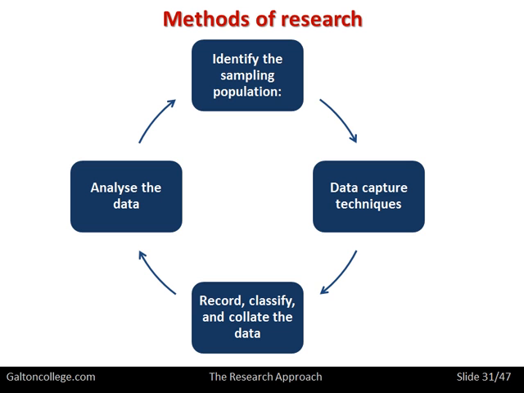So there seems to be a suggestion in the diagram we've got in front of us on this slide that the process is quite straightforward. Identify the sampling population if it's going to be a sample, then capture the data, perform the data extraction, get the data out, record it and classify it, understand the data, and then analyze the data.